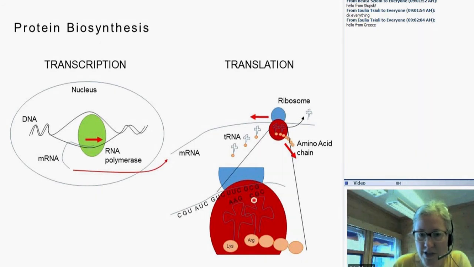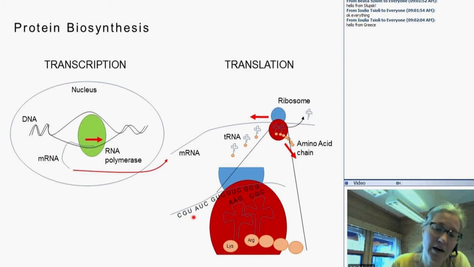And CGC, that is the one that attaches here, I think it's called arginine. I'm not 100% sure because my main focus of research is not on protein biosynthesis, but I looked it up in a table. So this is, I think, arginine that is coded with this here.